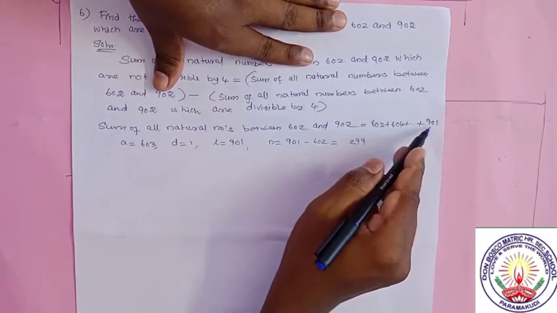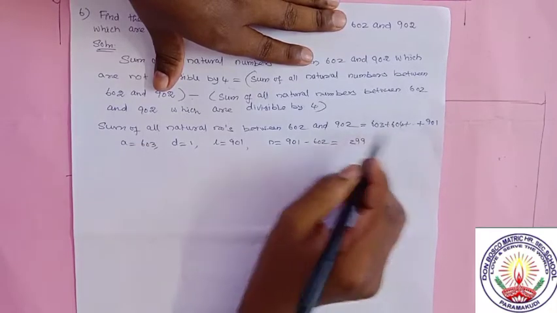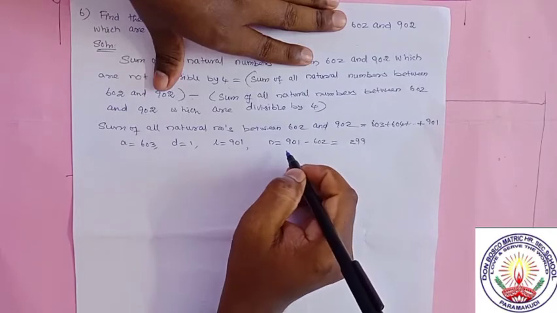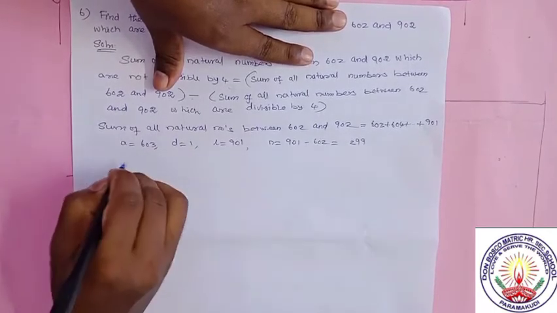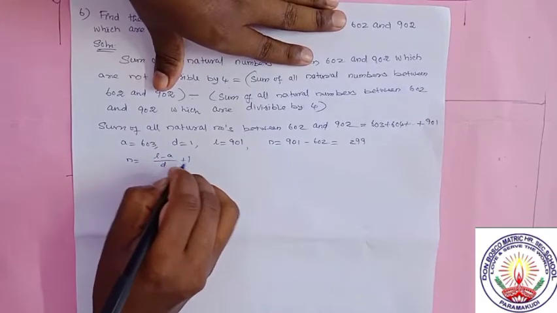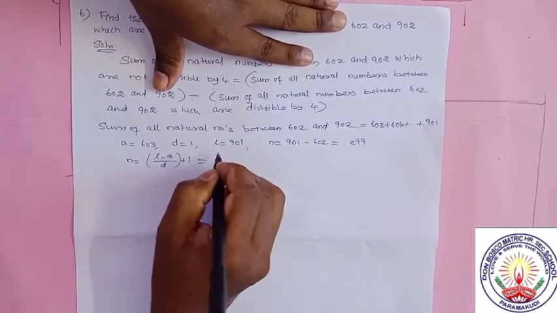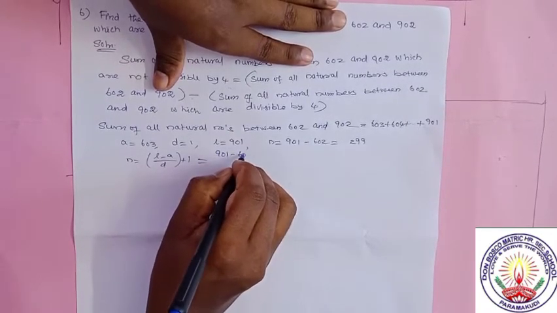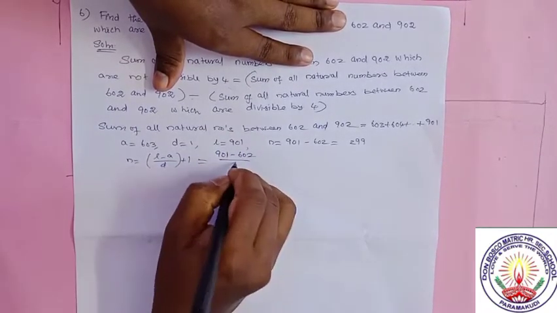Since these are consecutive natural numbers, you can find n by subtracting the first number from 901. No sir, I will find using the formula. The formula n is equal to (L minus A) divided by D plus 1, where L is equal to 901, A is equal to 603 and D is equal to 1.